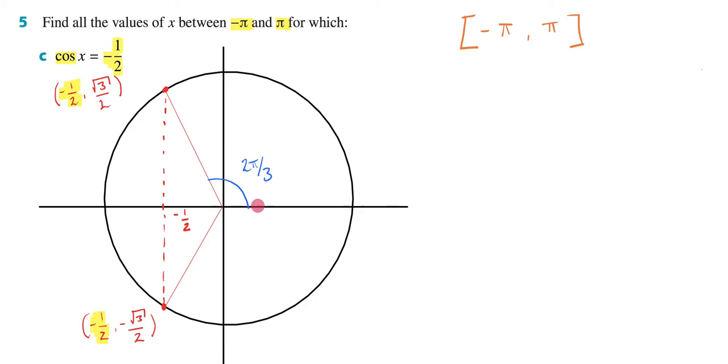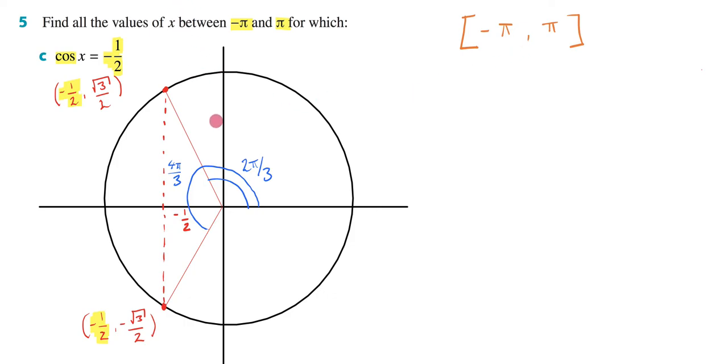And then the other value will be from here to here, and I know it's going to be 4 pi on 3. But this isn't actually how you would answer this question. If you were to tell me that x was 2 pi over 3 and 4 pi over 3, you'd be wrong, because we've changed where our domain exists.